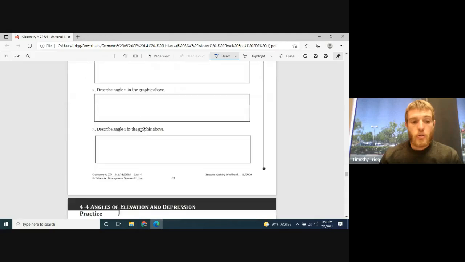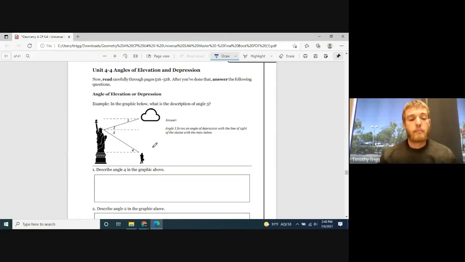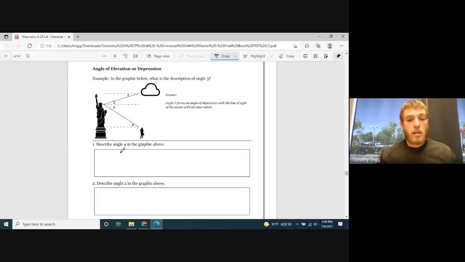Let's go on to this page here, page 23. They give you an example here. It says, in the graphic below, what is the description of angle 3? So the first thing you'd look at is what's angle 3? Well, that's right here. Is angle 3 an angle going up or an angle going down?